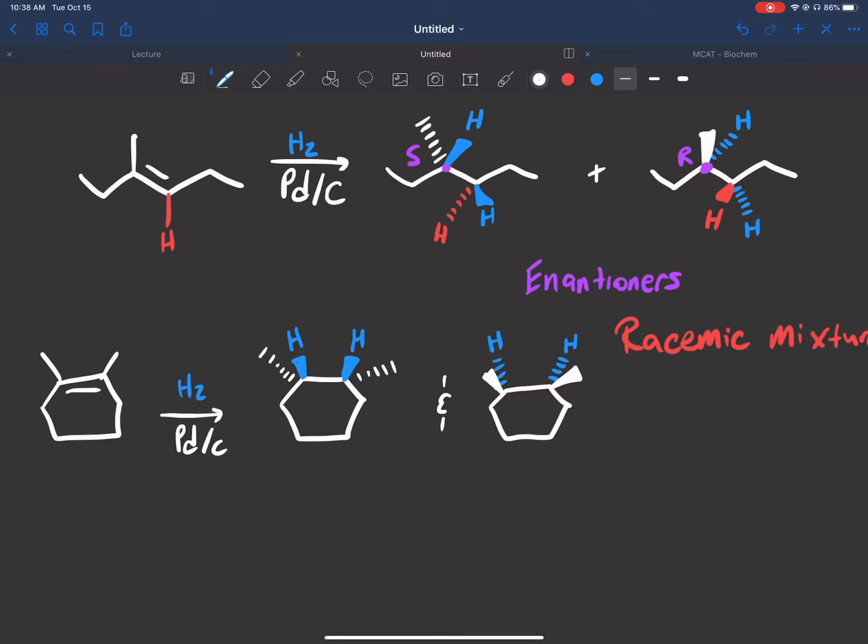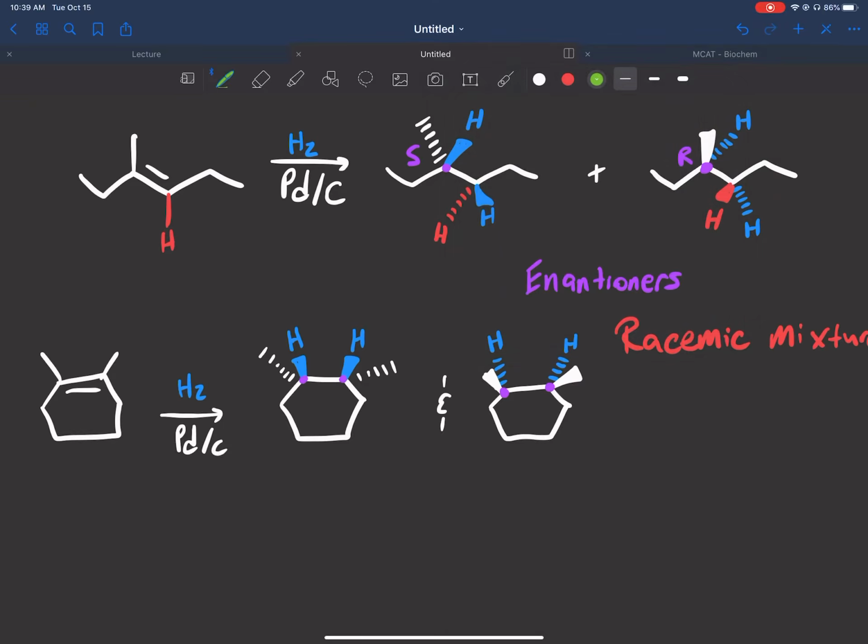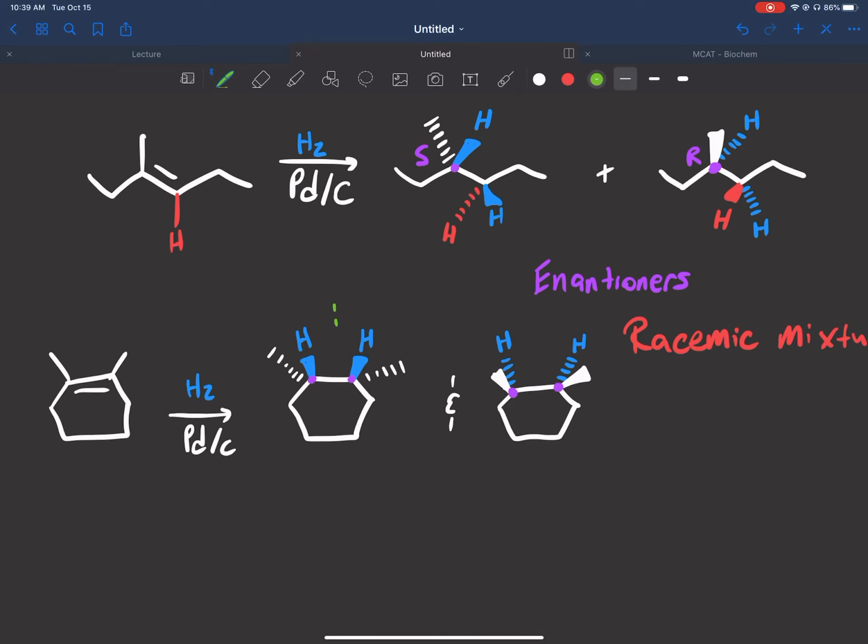It may look like we've gotten two products, but remember, if you look, we have two chiral carbons on each of them. One right there, one right there. Same for this. The problem is, if we look at this molecule, I can draw this line down the middle, and you can see that we have a plane of symmetry on each of them.